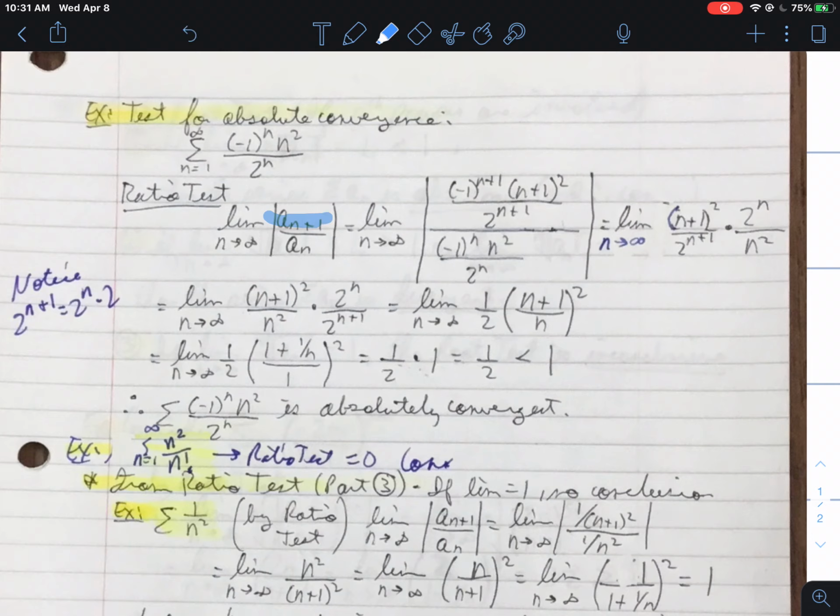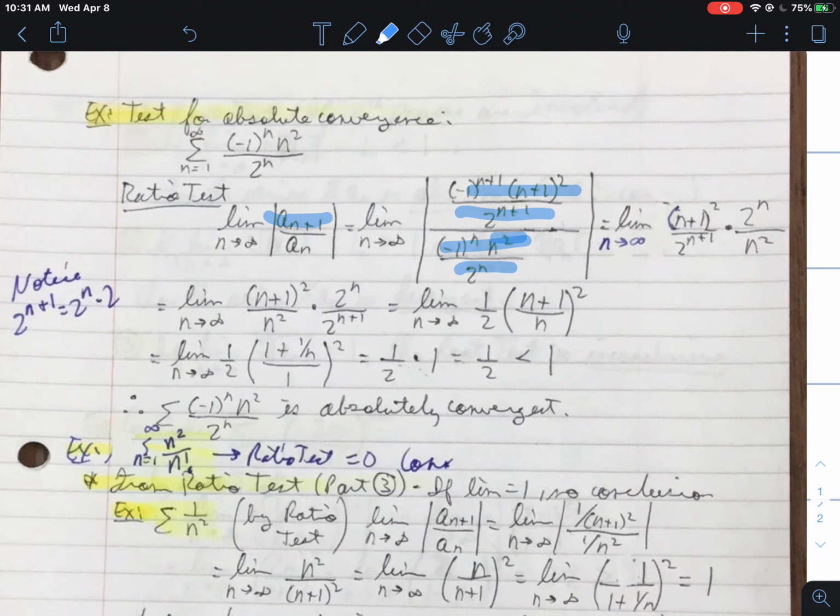So I'm plugging n plus 1 into our series. So I get -1 to the n plus 1 times n plus 1 squared over 2 to the n plus 1. So this is a sub n plus 1, divided by a sub n, which is the nth term of your series. And then we're taking the absolute value of that.